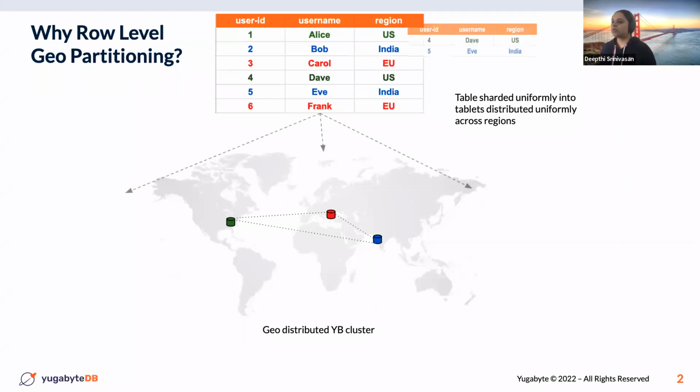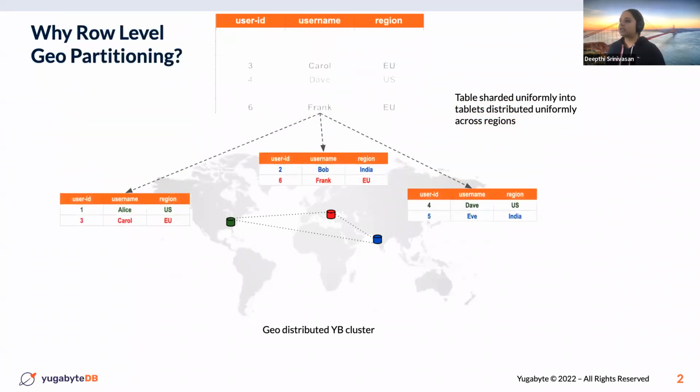The table gets split into tablets, and the tablets and their replicas get spread out across the nodes of the cluster evenly by the cluster balancer. Because the cluster balancer does this based on the hash of the primary key, it's not in our control which rows end up in which tablets and which tablets end up in which regions.